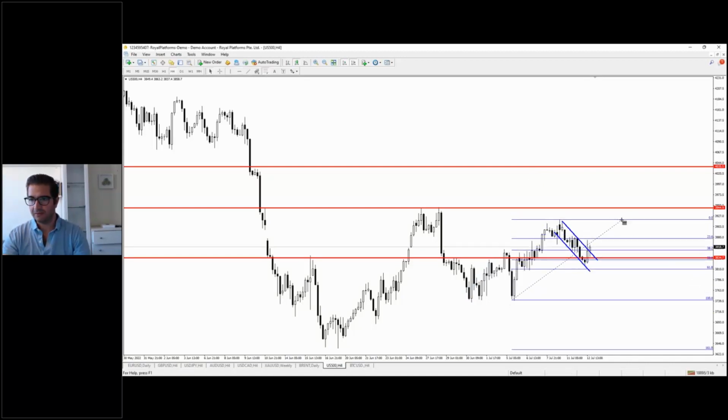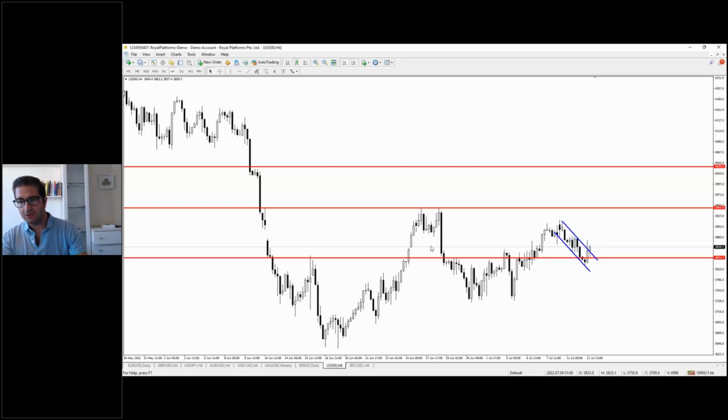I think here we have around the 50% Fibonacci retracement, so the market posted an impulsive wave correction until the 50% Fibonacci retracement, and now it's trying to move again to the upside. So what I see for the US 500 is a move to the upside to test this 3,944.